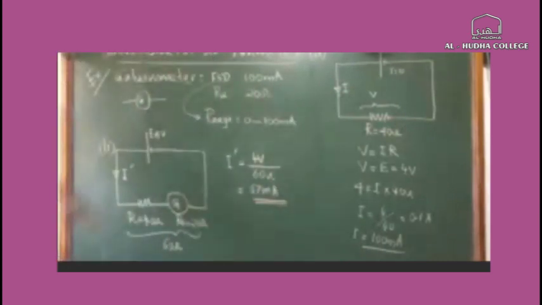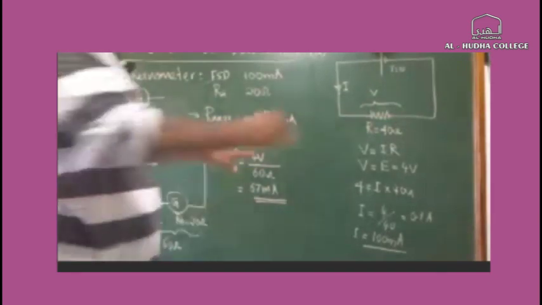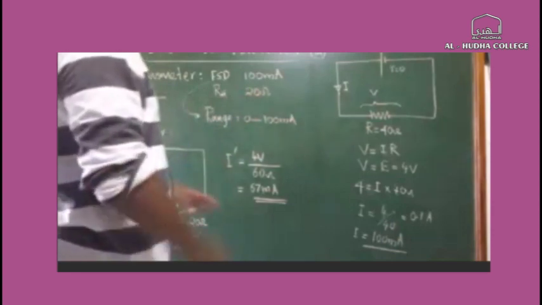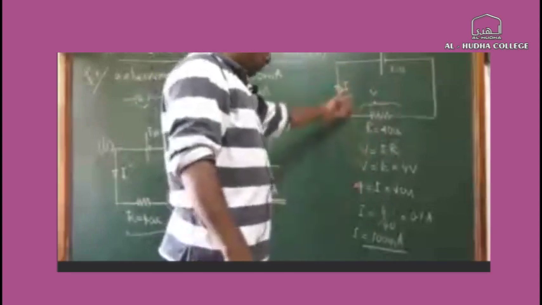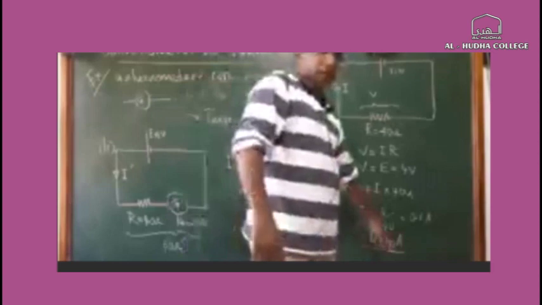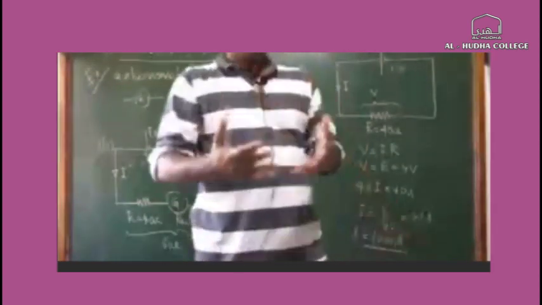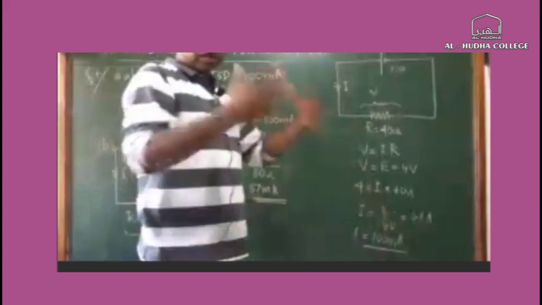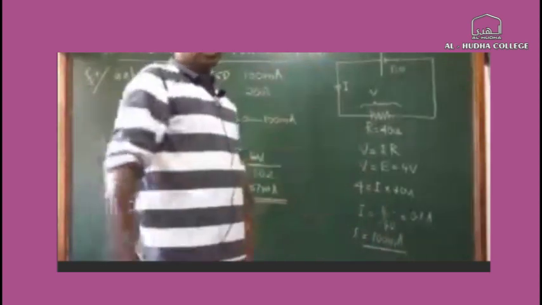Now, we have many things to understand from this simple calculation. When the actual circuit is there without the galvanometer, we could calculate the current should be 100 milliamps, right? We also expect when you connect a galvanometer, the same current should be measured.